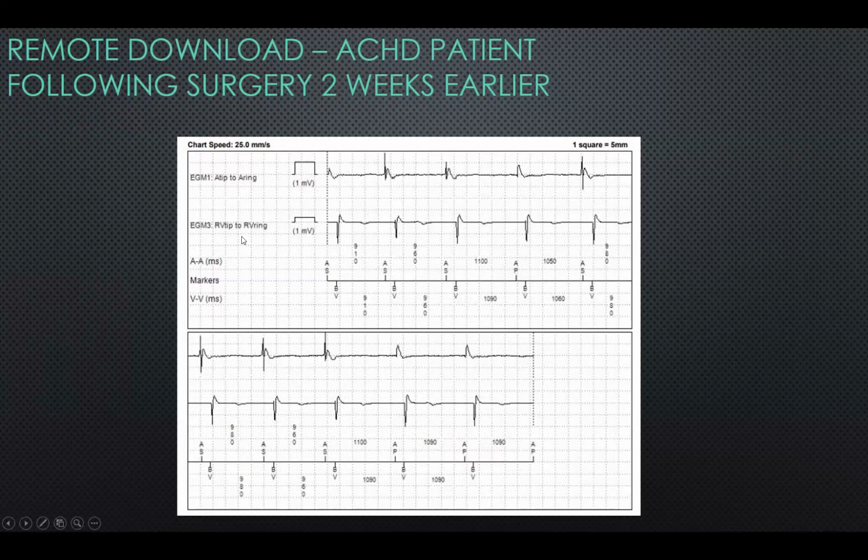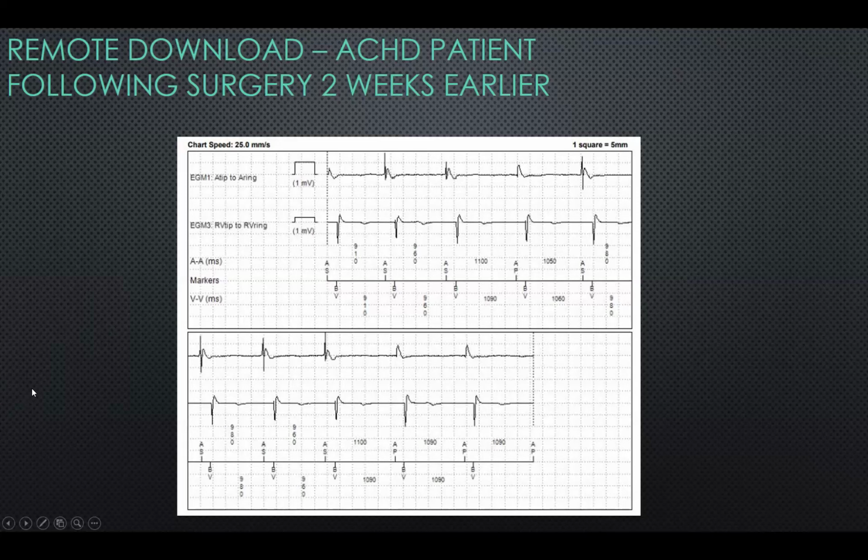The patient actually has 2 ventricular leads, which is why it's saying BV for biventricular pacing. And this is the marker channel that tells us what the pacemaker is doing. So it's AS biventricular pace, AS biventricular pace. And you can see that this is a very nice, clean atrial electrogram and very nice, clean ventricular electrogram.